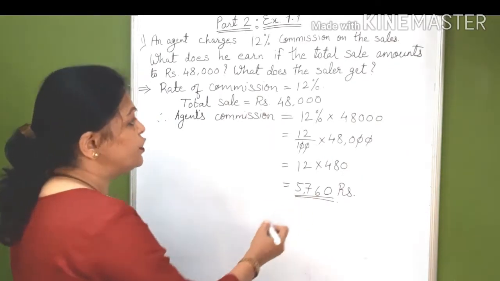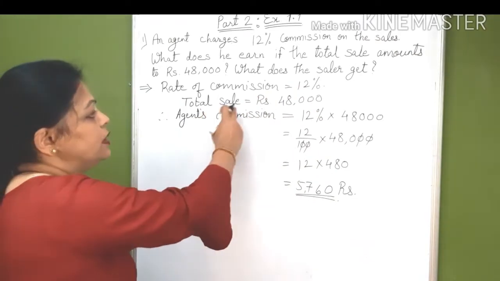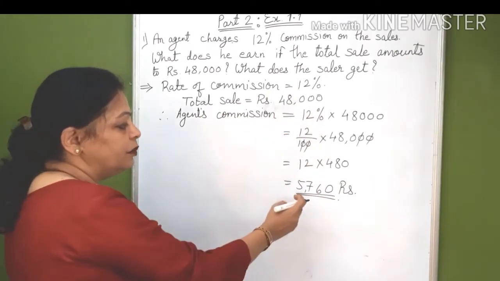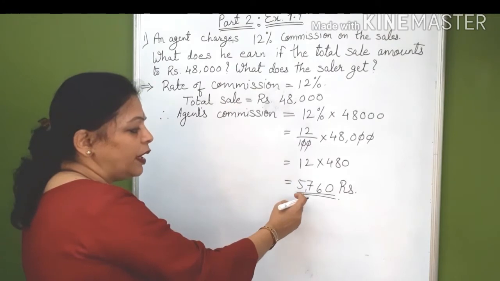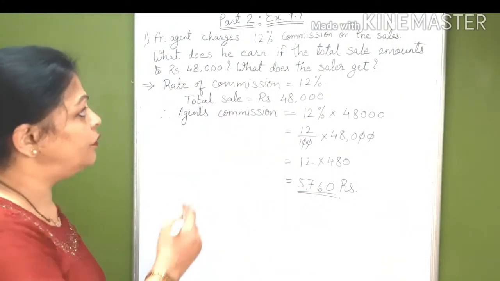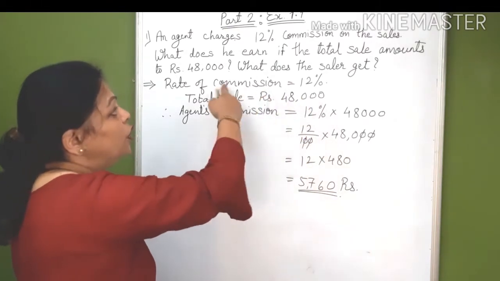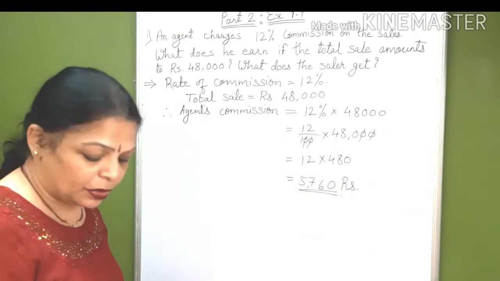Now the next question is, what does the seller get? Now the total sale is 48,000. From that the seller has to give 5,760 rupees to the agent. So we'll subtract this 5,760 from 48,000 to get the seller's amount.